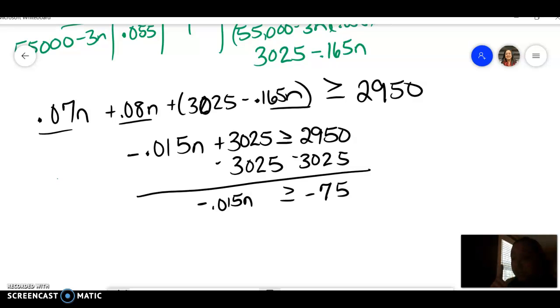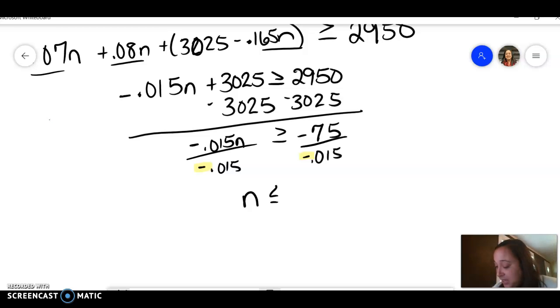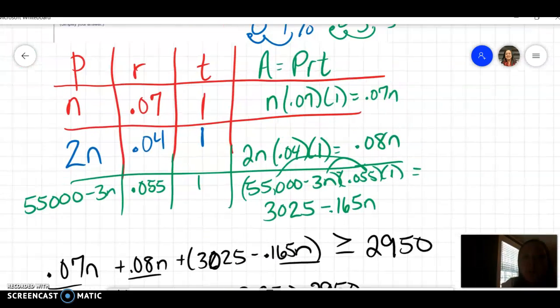I need to determine what n is equal to, so I'm going to divide both sides by that negative 0.015. And if you remember your rules with inequalities, anytime you divide by a negative, your sign in the inequality will flip. So n will now be less than or equal to, and I want to make sure that I do not mess this up for you guys. That will give me 500. So what I know is that n has to be less than or equal to 500.